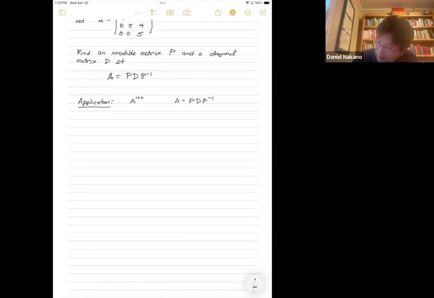Then A to the 100th power is equal to P D to the 100th power P inverse. All you have to do is raise the diagonal entries to the 100th power and multiply by P and P inverse on both sides. So you can take powers very easily if you know that A is diagonalizable. You should know how to do that.